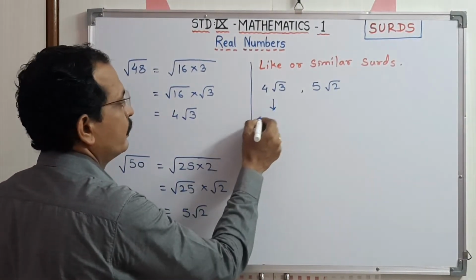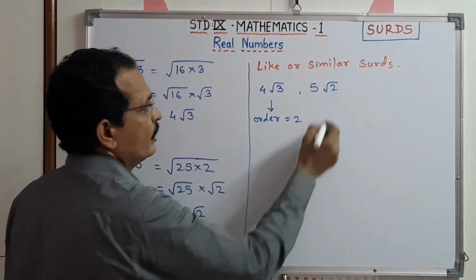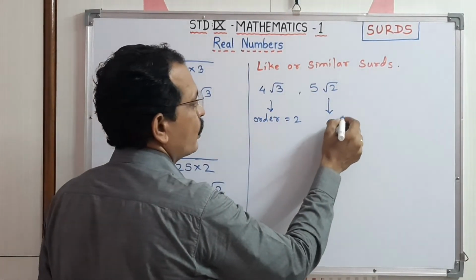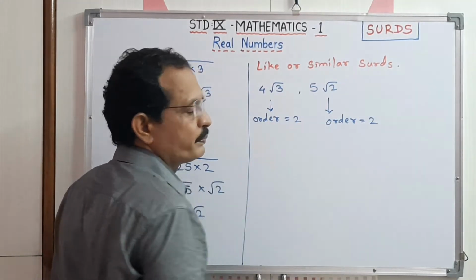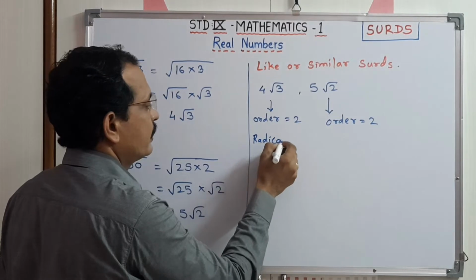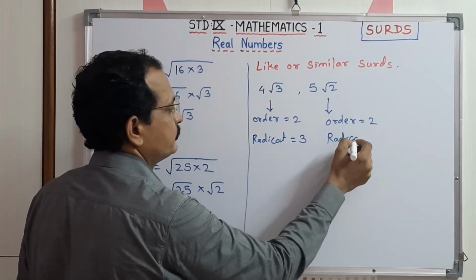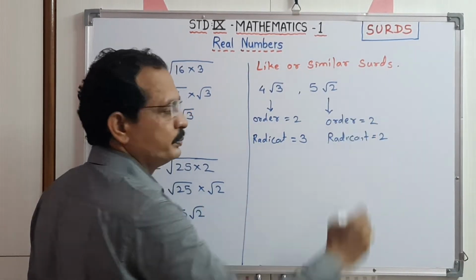Here the order is 2. In this case the order is 2. Then what is the radicand? The radicand is 3, and here the radicand is 2.